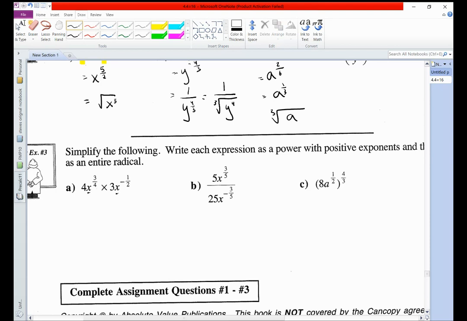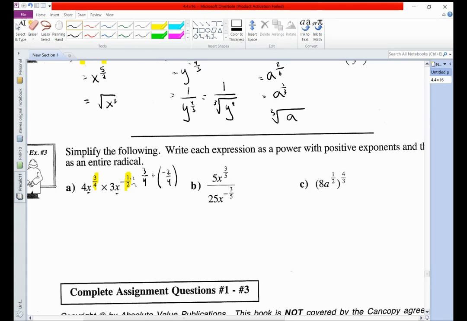And in order to add these fractions, they need to have a common denominator. So we can say off to the side 3 over 4 plus, we can't do negative 1/2, but if we multiply top and bottom by 2, then you can say negative 2 over 4.